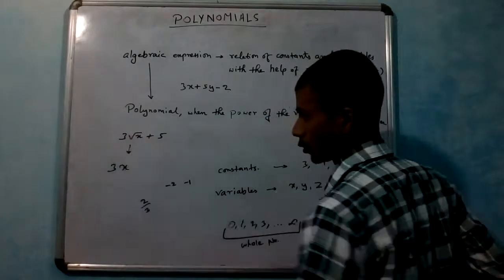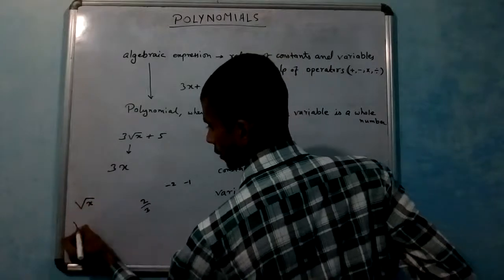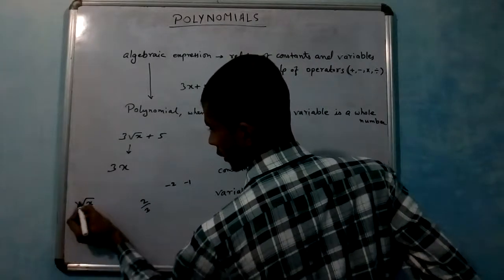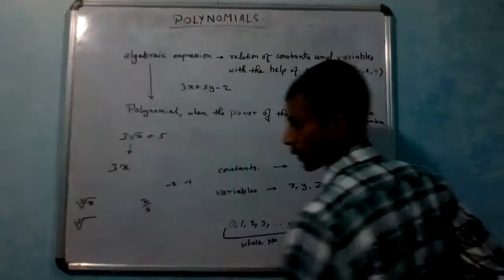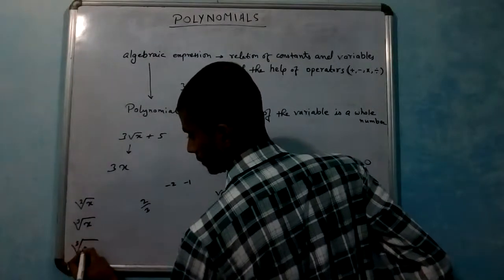Square root, cube root, fifth root. Square root of x, nothing written means 2. Cube root of x, fifth root of x.